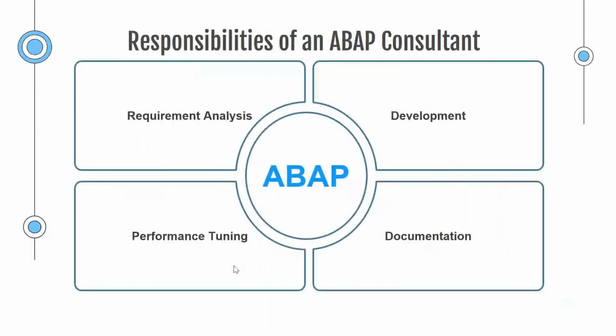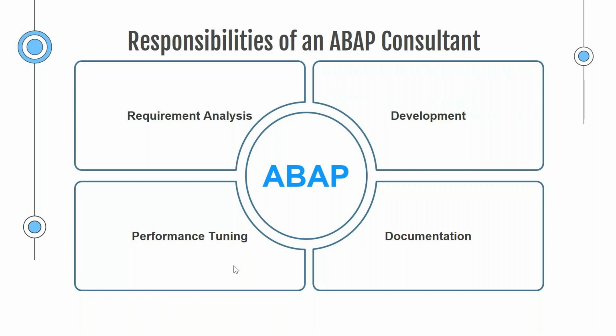Then we have seen what all the responsibilities of an ABAP consultant are. First is the requirement analysis, then the development, then performance tuning and documentation. Requirement analysis is nothing but verbal communication between you and your functional team, and they'll also be providing you a document. So your responsibility is to analyze the document that's given to you, then start your development.